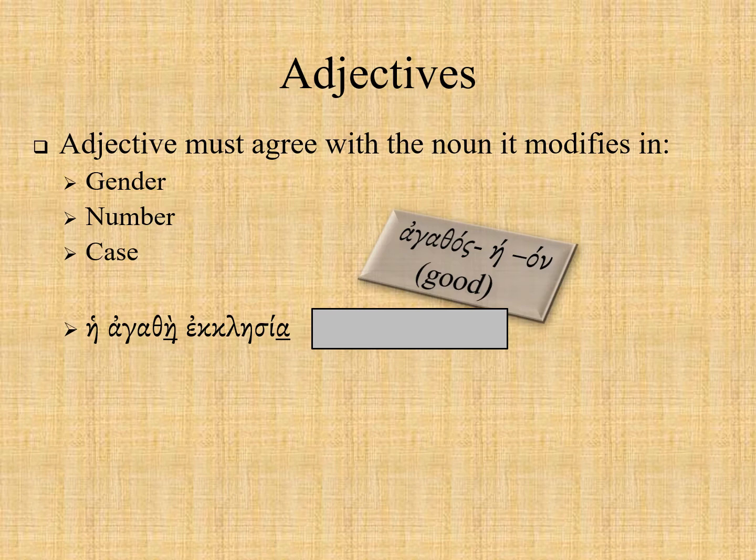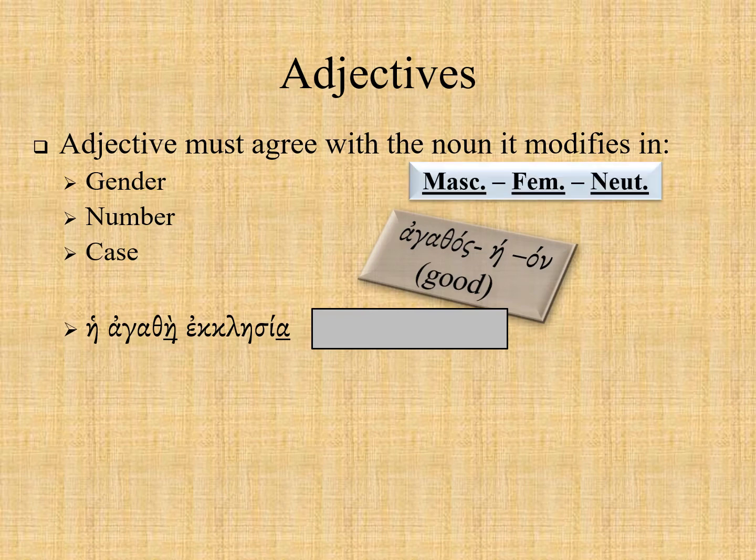But before we go into the translation, let me take a look at some of the endings and how we are able to parse and analyze this particular adjectival phrase. In the gray box, you can see the word agathos, and you can see dash e and dash omicron nu.